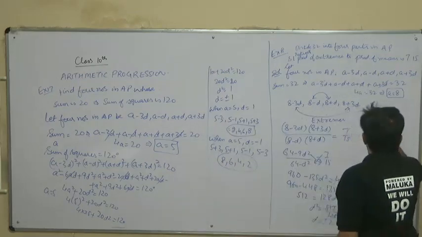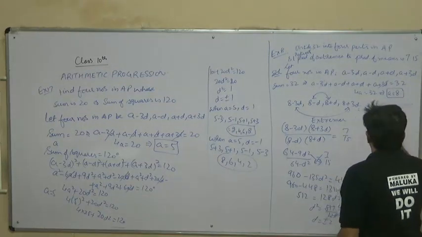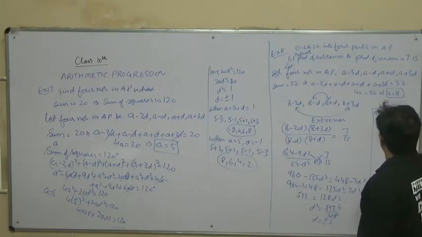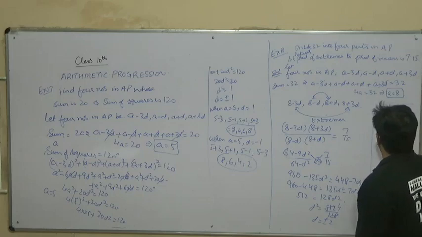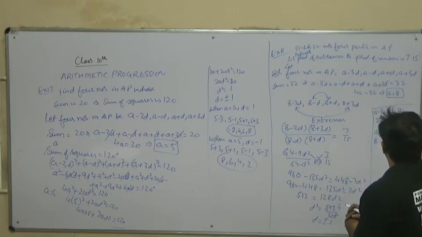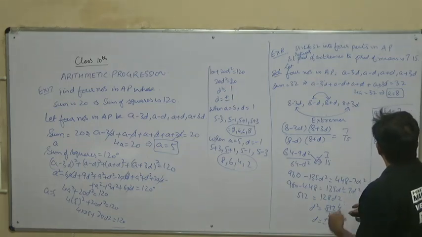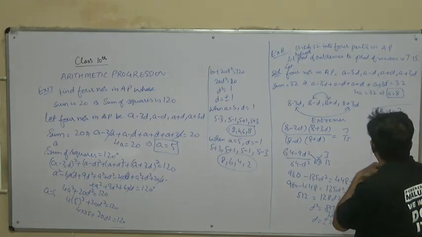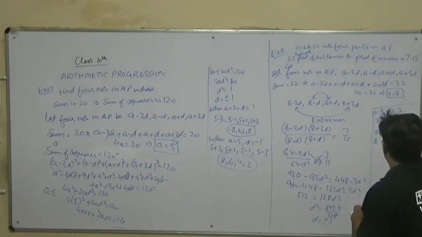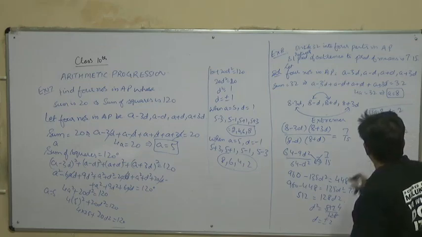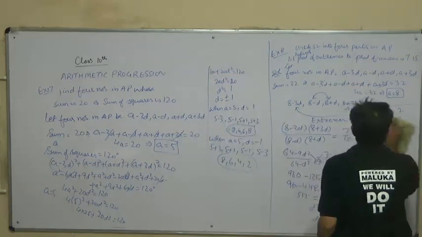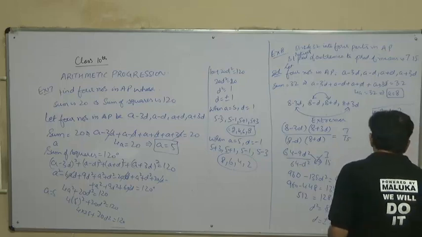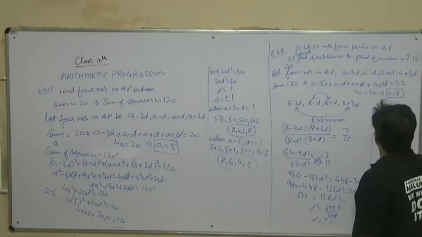So when a is equal to 8 and d is equal to 2, the numbers will be 8 minus 3 into 2, 8 minus 2, then 8 plus 2 and 8 plus 3 into 2.